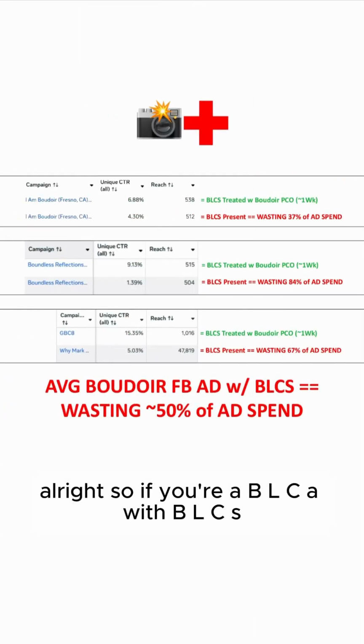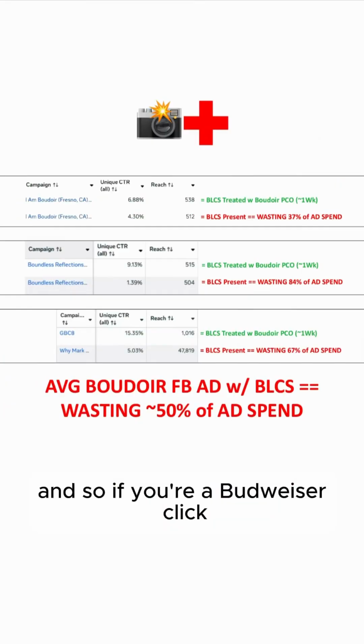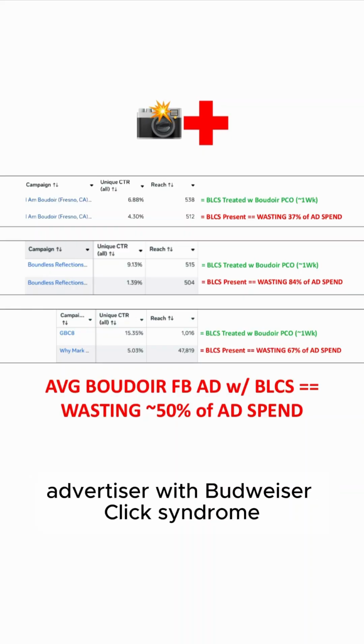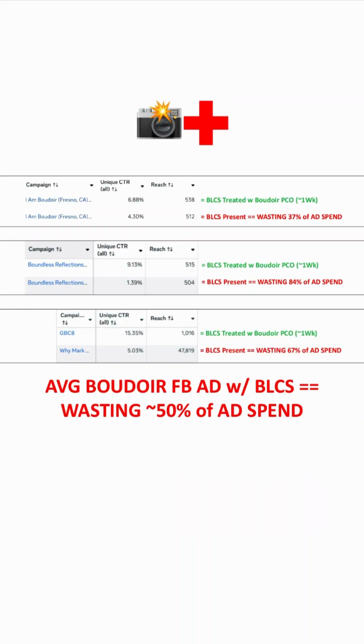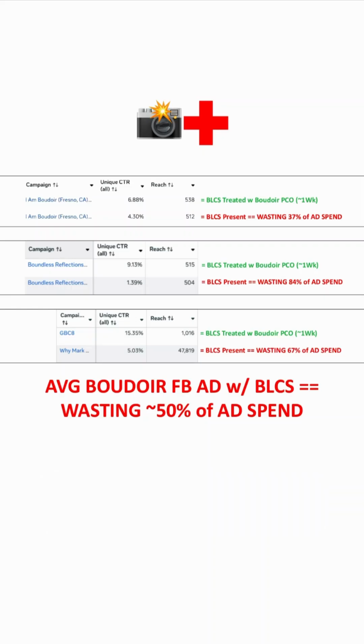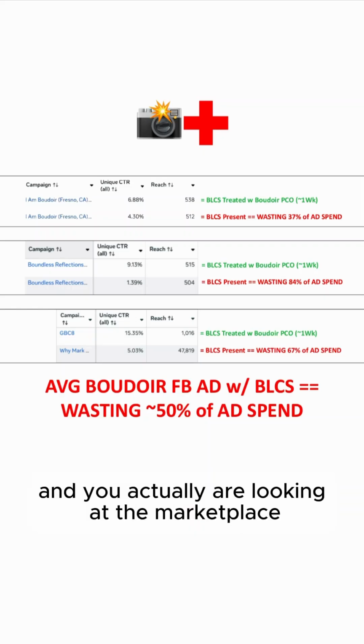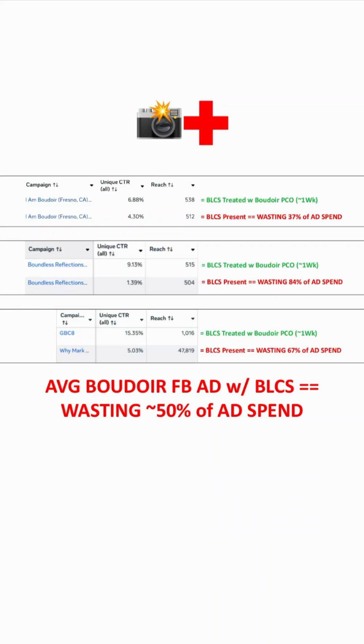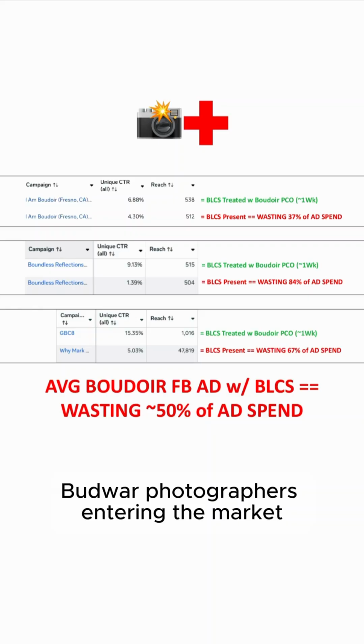All right, so if you're a Boudoir low click advertiser with Boudoir low click syndrome, and you're spending more than 10 grand a month on Boudoir Facebook ads, and you actually are looking at the marketplace, seeing way more boudoir photographers entering the market.